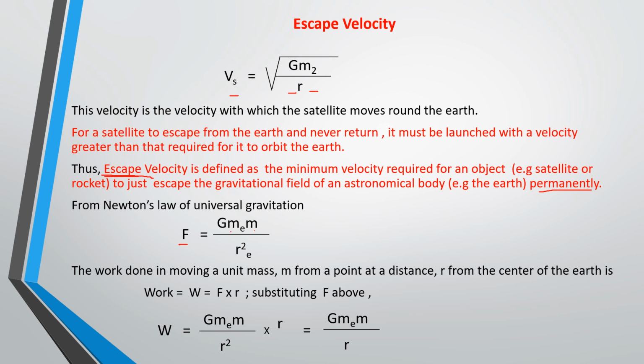But the work done in moving a unit mass from a point at a distance r from the center of the Earth, work done is equal to what? Force times distance.